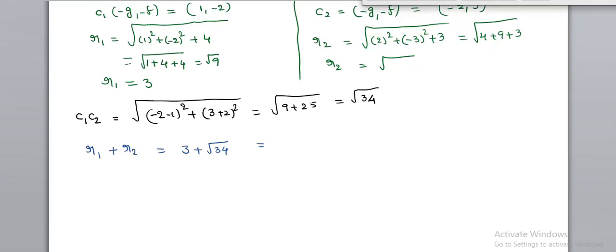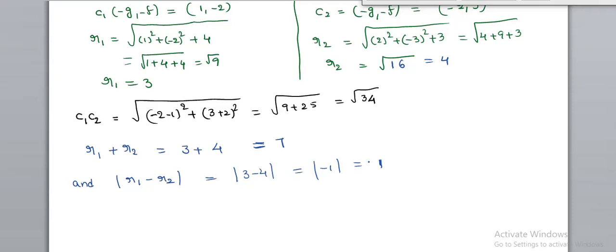So the R2 value changes: 4 plus 9 is 13, 13 plus 3 is 16, that is the value 4. Root 16, value 4. 3 plus 4 is equal to 7 only. Same as usual. R1 minus R2 is equal to the modulus of 3 minus 4, which is minus 1.